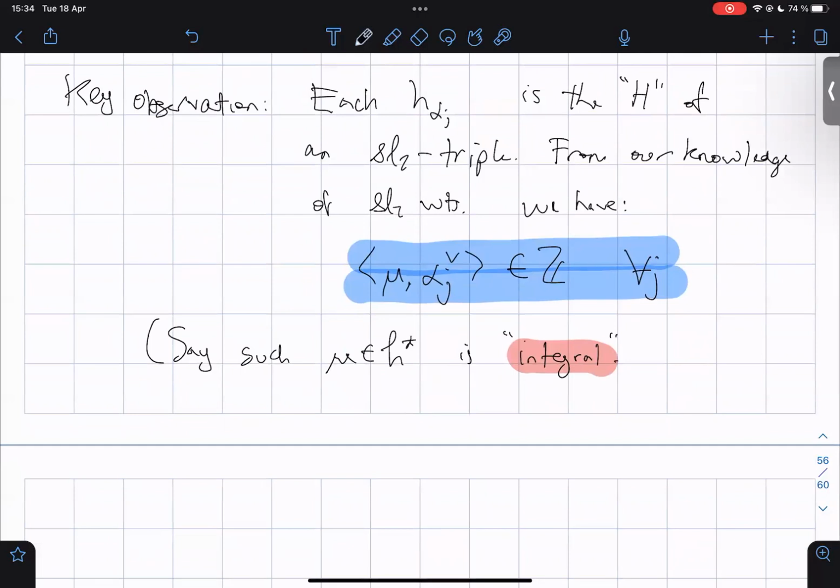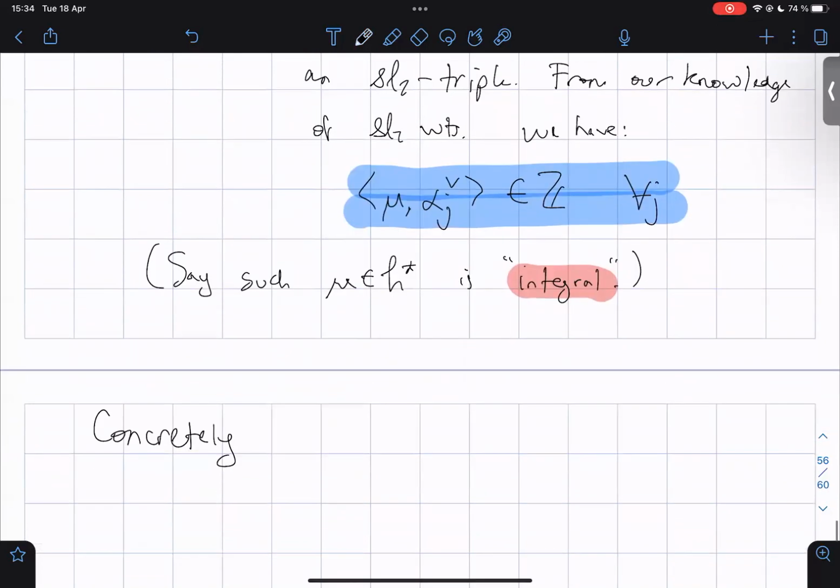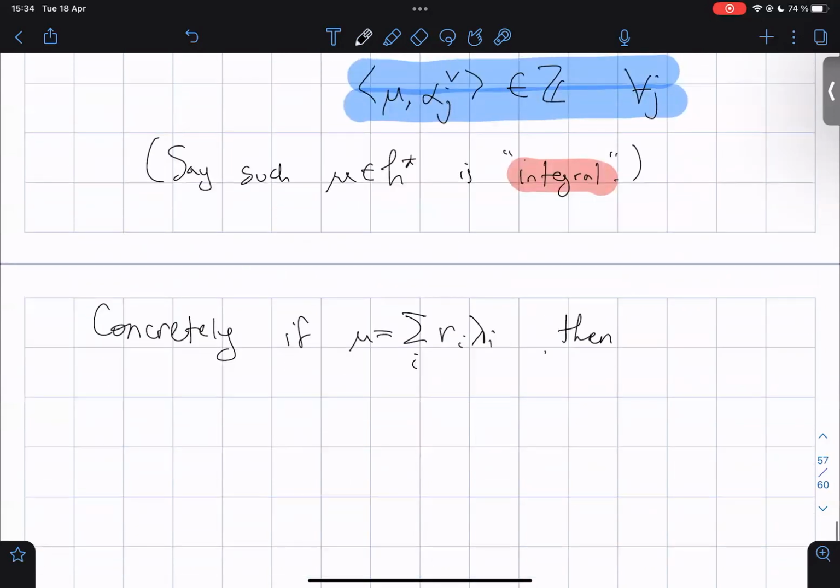You might be a little confused with this co-root, so let me make it really concrete. If mu is expanded in the lambda basis, what is this condition saying in terms of these coefficients, these R's?